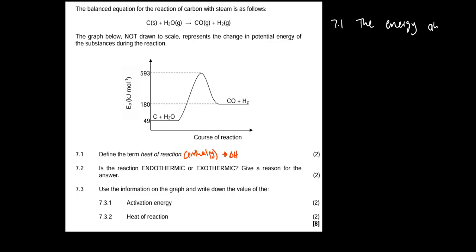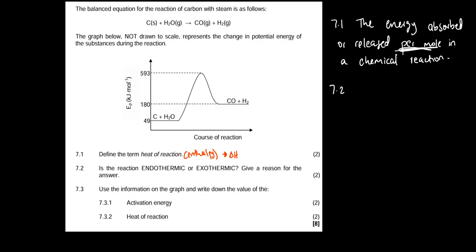Energy released or absorbed per mole in a chemical reaction. So you must not forget the words per mole. If you don't include it, it's not going to be a complete definition.